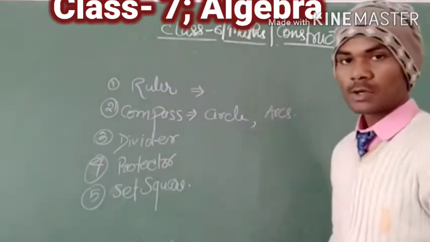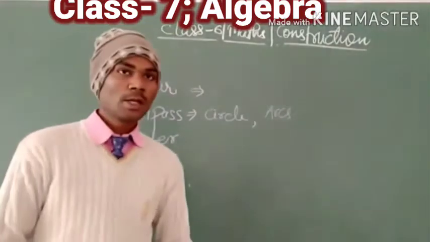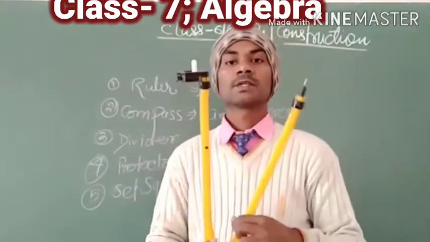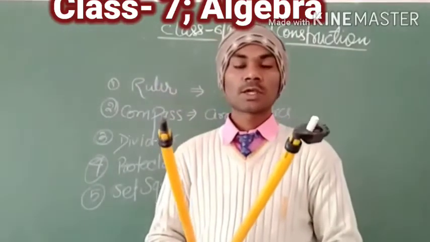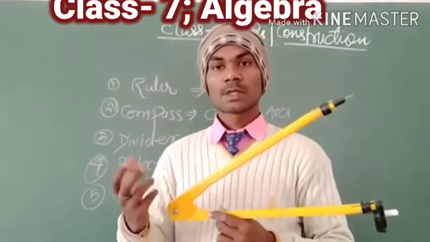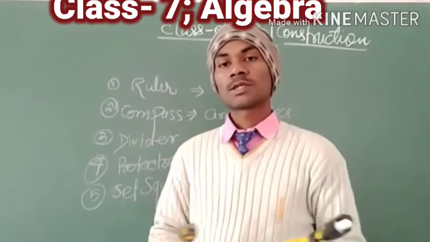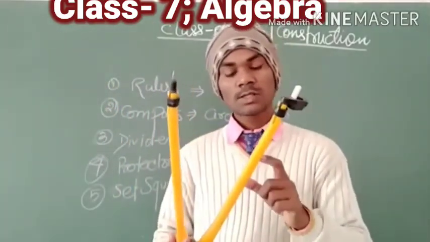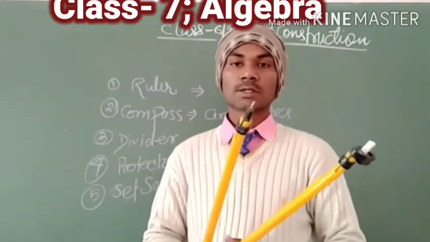As you can see in my hand, I have this compass. We use this compass to draw a circle or an arc in order to do a small construction as the question is given. So this is a very important tool in construction.